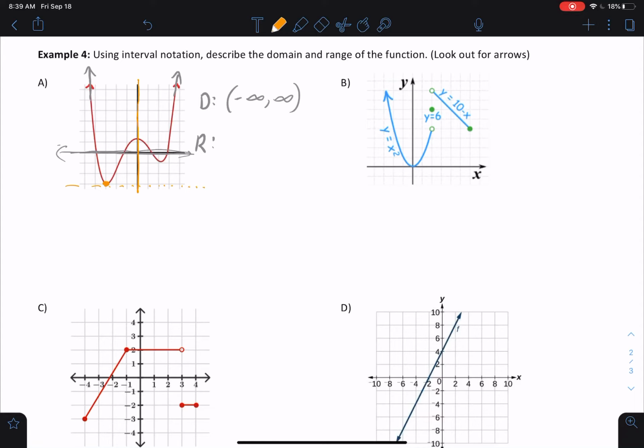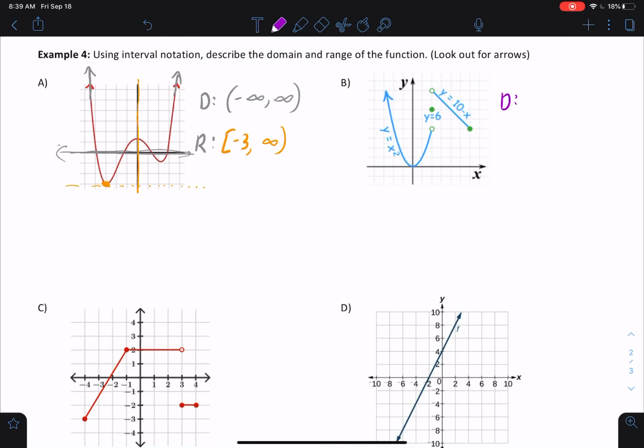I only go down to negative 3, and I do include negative 3 because there is a point there. But what's my high end? Again, I've got those arrows going off to infinity. So anywhere from negative 3 to infinity represents a potential output for this graph.